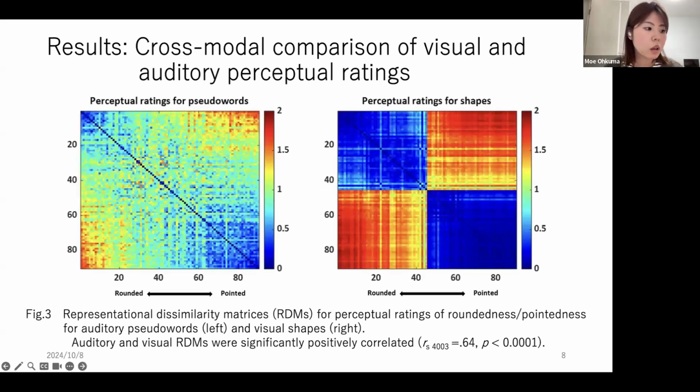The left panel shows the examination of the RDMs for the perceptual ratings of the pseudowords and shapes, such that the roundness and pointedness ratings for the pseudowords were relatively graded. While the right panel shows participants largely rated the shapes as either highly rounded or highly pointed, with few shapes considered intermediate.